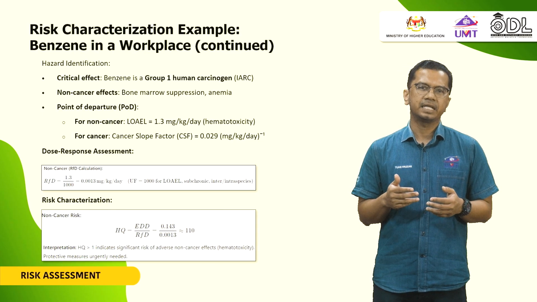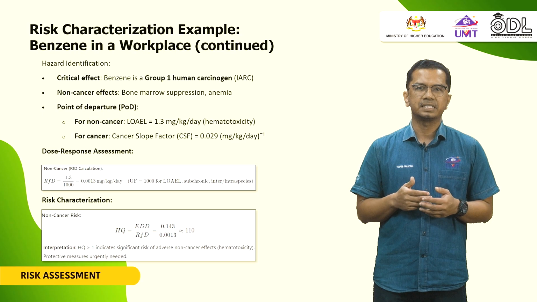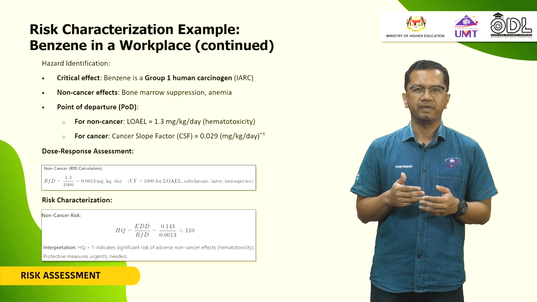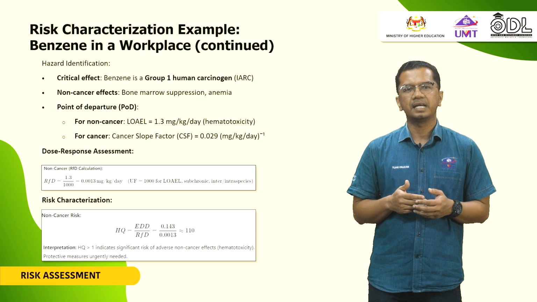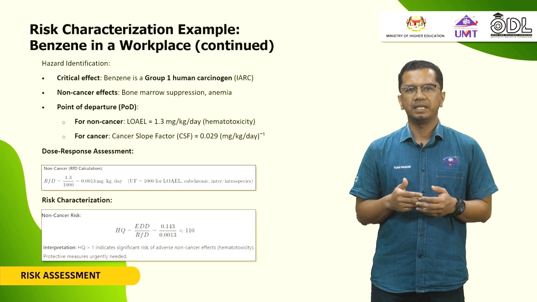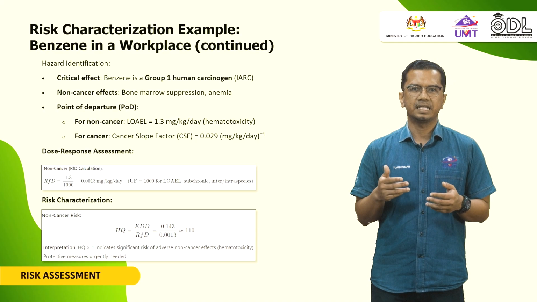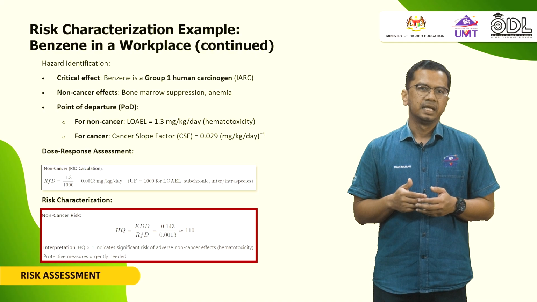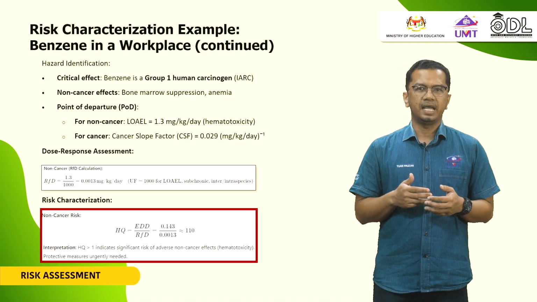Now, the critical moment. We compare the workers' actual exposure, EDD, to the safe level, RfD, by calculating the hazard quotient. We divide 0.143 by 0.0013. The result is not just slightly over 1, it is 110. The interpretation is stark and alarming.